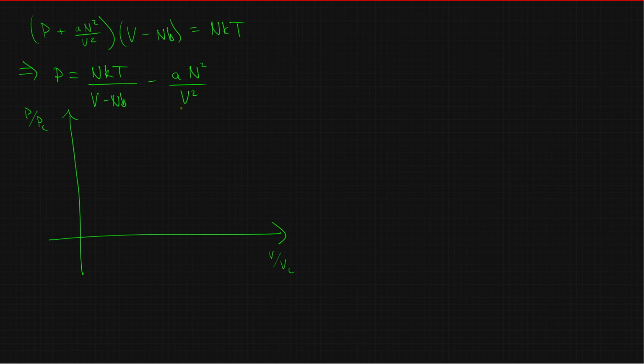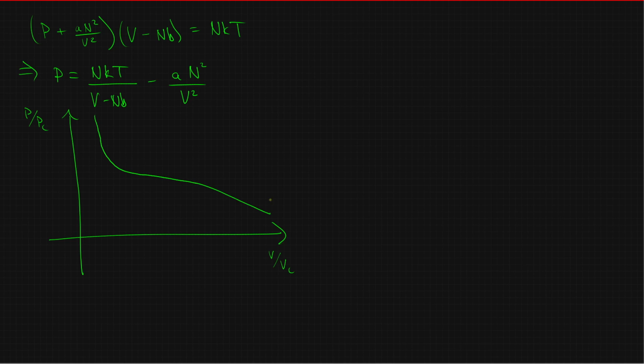Previously we understood isotherms in the context of the ideal gas law. That was just if we took this equation right here without the Nb and without this term, and we just held T constant and plotted what P versus V looked like. Well, in this case, it looks a little bit different. But what we call the critical isotherm is the one that looks like this.